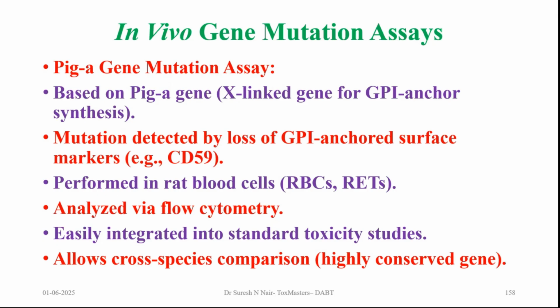And the next one is the Pig-a gene mutation assay. Don't confuse it with the pig or guinea pig. It is an X-linked gene for the GPI anchor synthesis, and mutation is detected by the loss of GPI anchor surface markers. Usually it is done with rat blood cells, RBCs or the reticulocytes, and analyzed via flow cytometry.